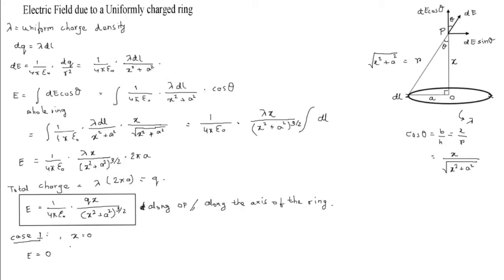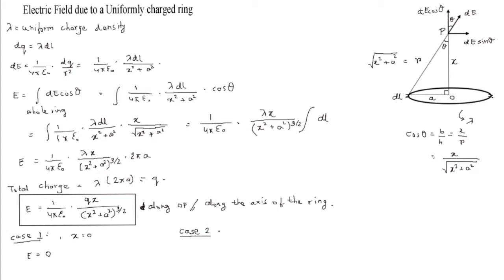So the resultant electric field dE cos theta, at this point that will be dE cos 90, which becomes 0. In that way also we can consider from intuition that the electric field is 0. And from the general expression, putting x is equal to 0, we also find the electric field is 0.